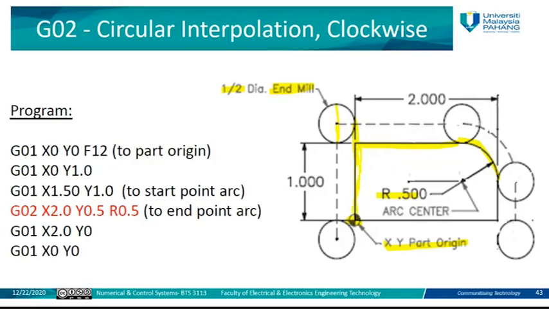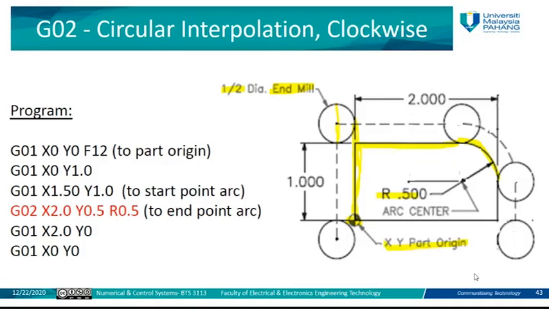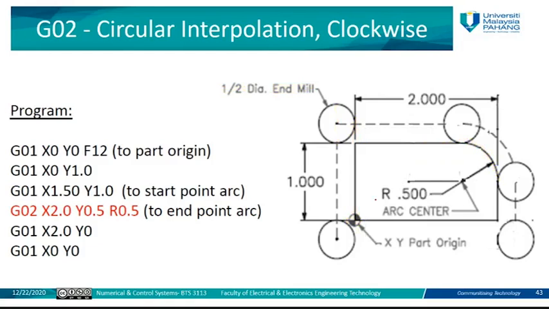So it will go up in the y direction, starting from the 0 point, by the value of 1. So this is x equal to 0, y equal to 1.